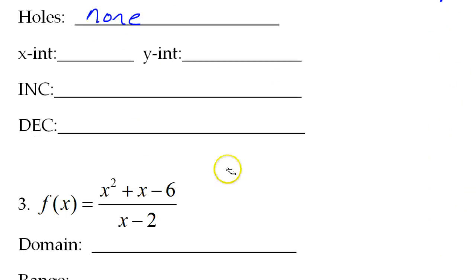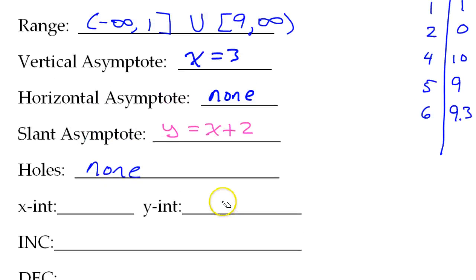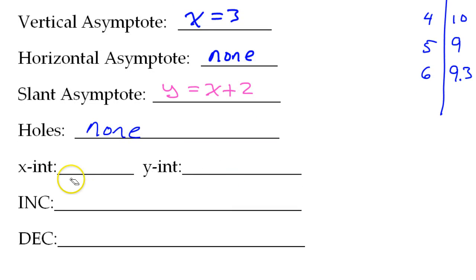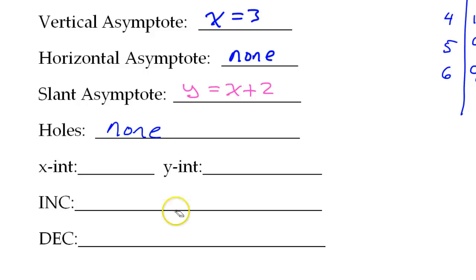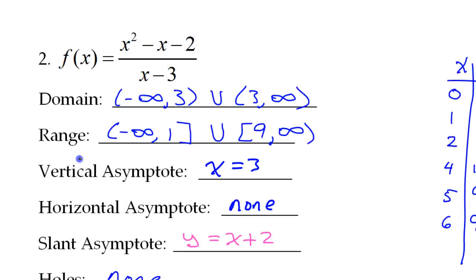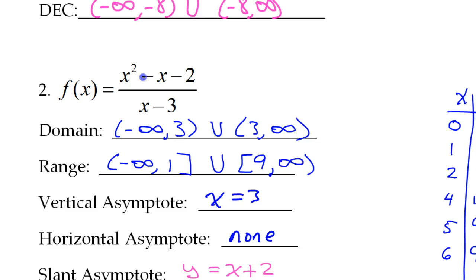Let's see, did they even ask us for the local max and min this time? They didn't even ask us for it. How about that? Anyway, the x-intercept and the y-intercept. In general, you will find the x-intercept when you let y be 0. Now, in terms of rational functions, sometimes it's easier to think of it as letting the numerator equal 0.